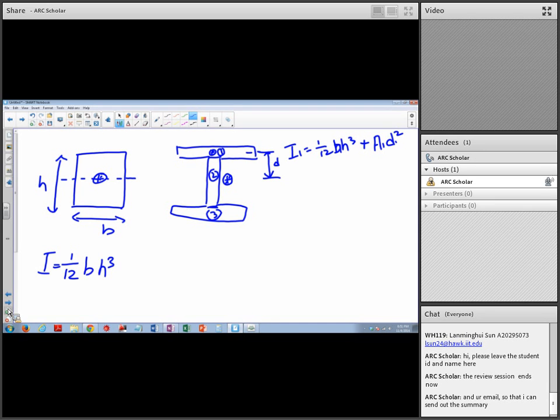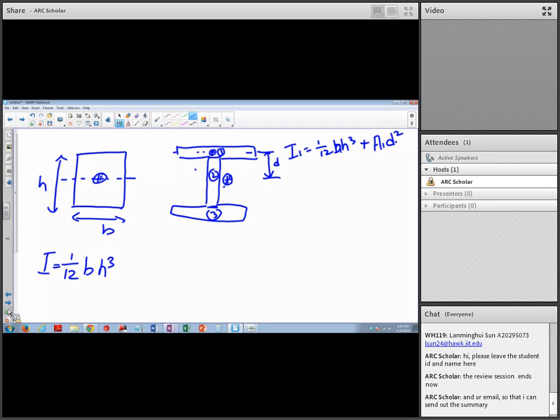But for here, if we calculate I1 equal to 1/12 b h cubed, it's acting on this line along the center of itself. But we are calculating for the whole shape. We are calculating the moment of inertia which is acting on the centroid of the whole shape, which is here. So we need to shift the centroid to here by using A1 d1 squared.